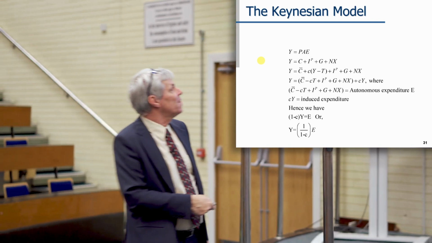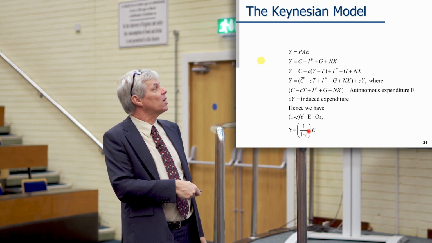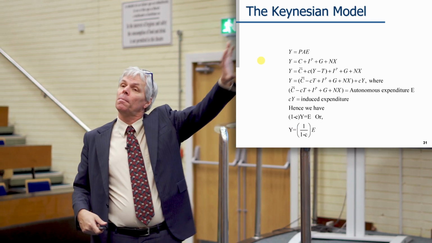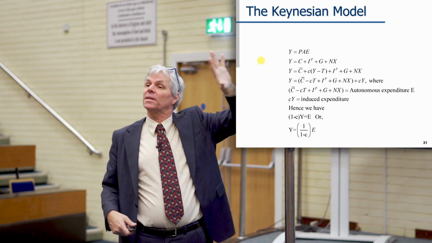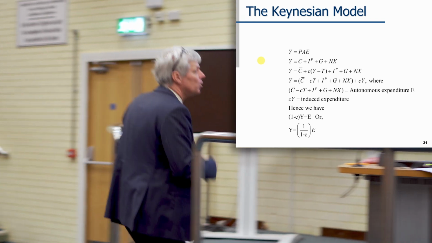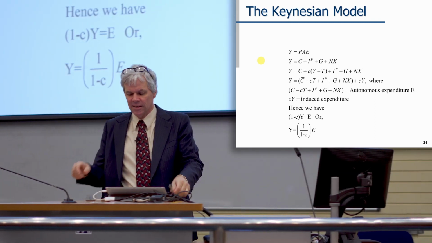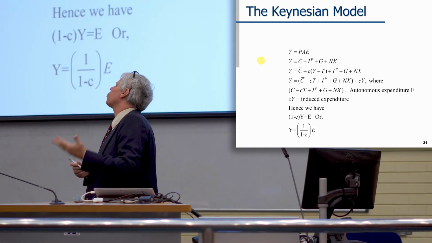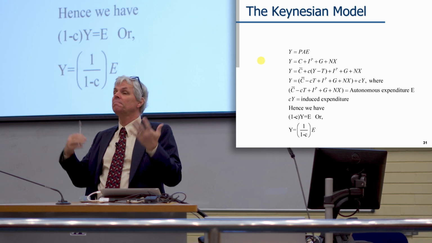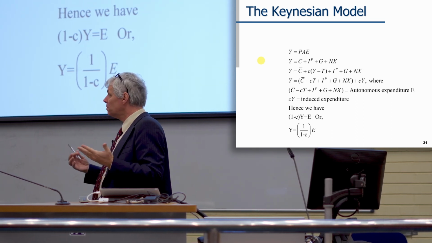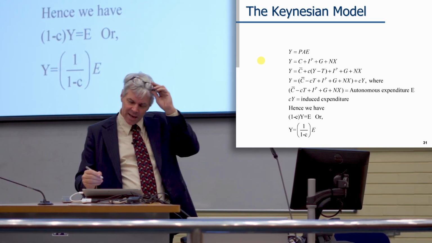It's telling us that output is going to depend on autonomous expenditure times a multiplier, times this thing. And we're thinking that this multiplier, just looking at it here, is in the realm of 20-ish. Right?